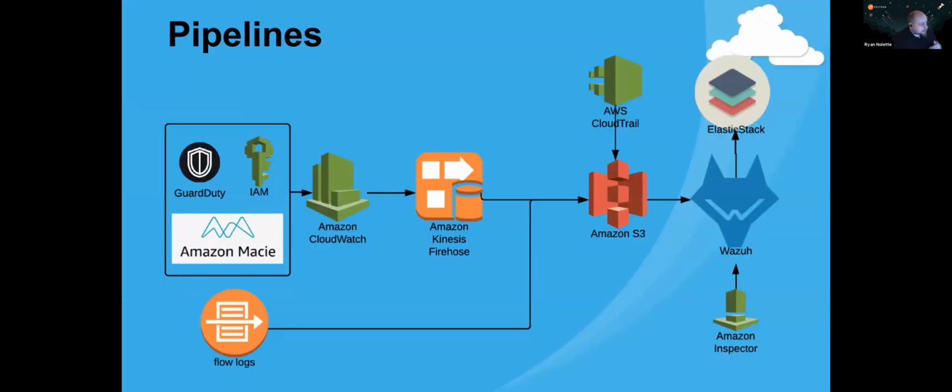Here's the logging. Like I said, we have IAM logging, which is through CloudTrail, Macie, GuardDuty, things like that. And this is roughly the topology of how things are getting gathered. For GuardDuty, IAM and Macie, we're using a CloudWatch event rule.